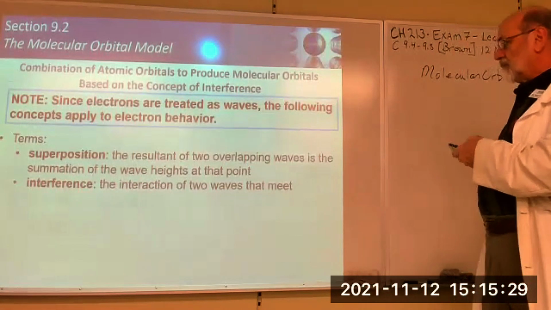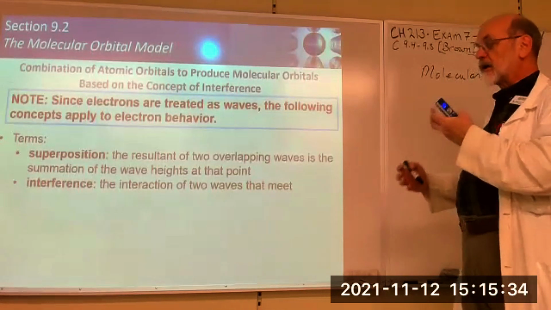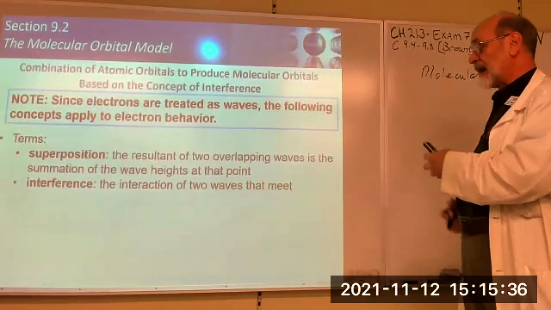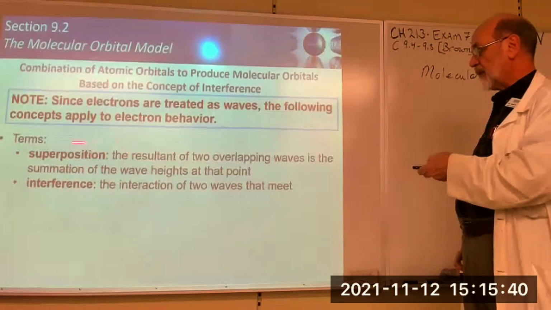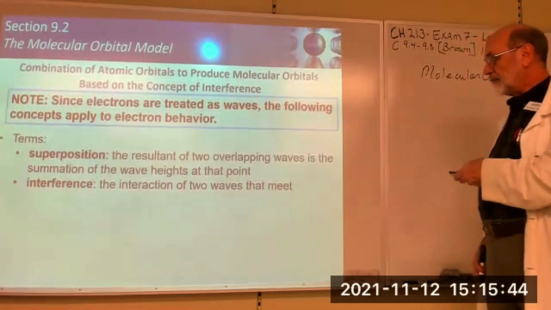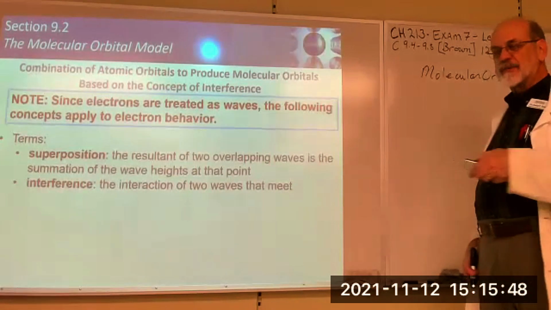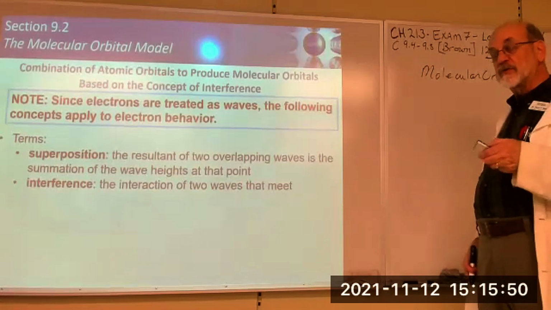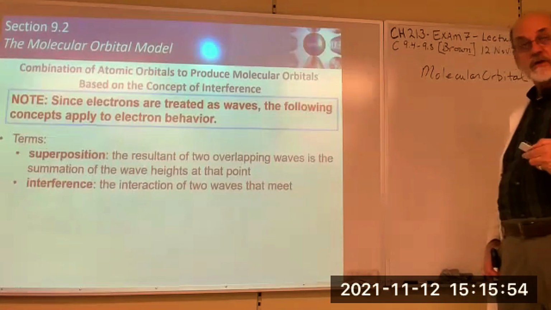So when two waves are occupying the same space at the same time, we say that they are superposed upon each other. And the interference, we just saw that discussion, where you can have two types of interference. When they are superposed on each other, you can either have destructive or constructive interference.